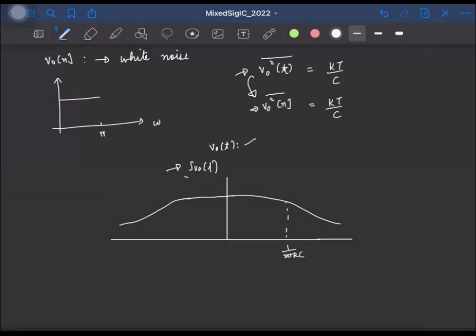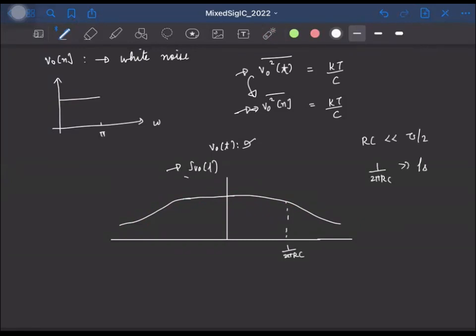So when you sample this signal to get V naught of n, what will happen? This portion of the spectrum will get repeated around multiples of fs, right? And please note that we choose RC to be much smaller than Ts by 2, which means that the RC bandwidth is much larger than the sampling rate.